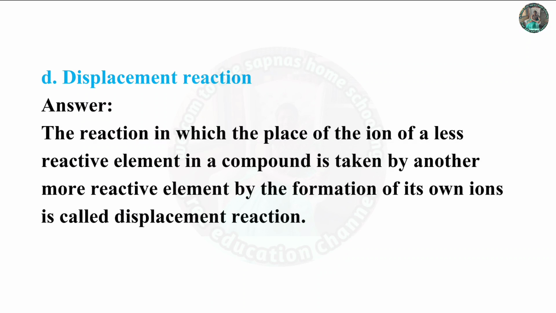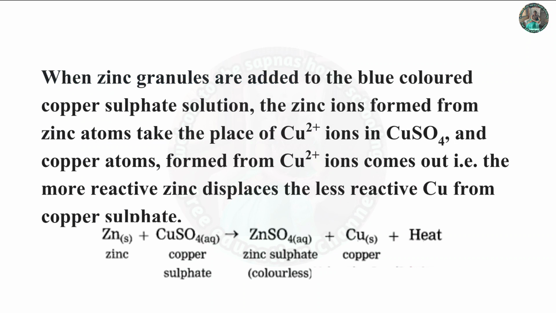D. Displacement reaction. Answer. The reaction in which the place of the ions of a less reactive element in a compound is taken by another more reactive element by the formation of its own ions is called a displacement reaction.